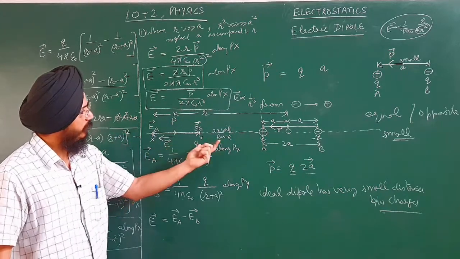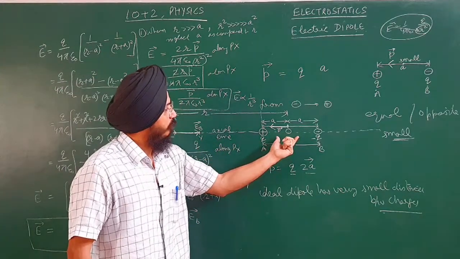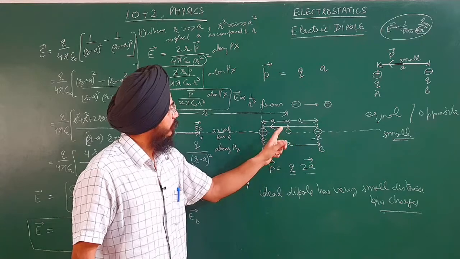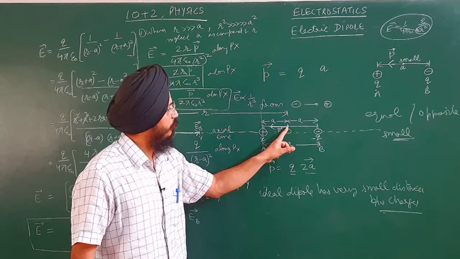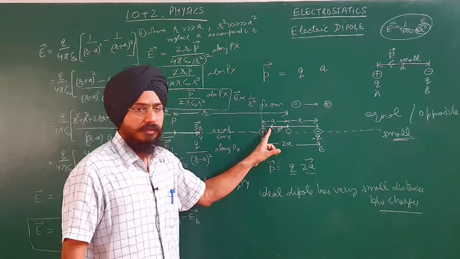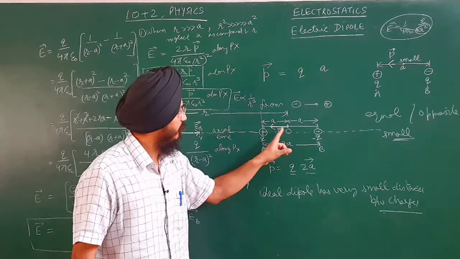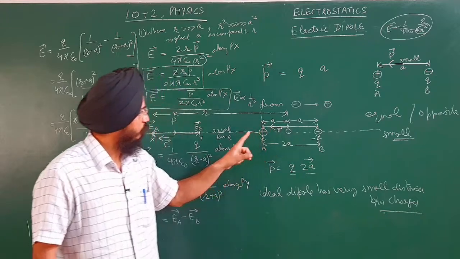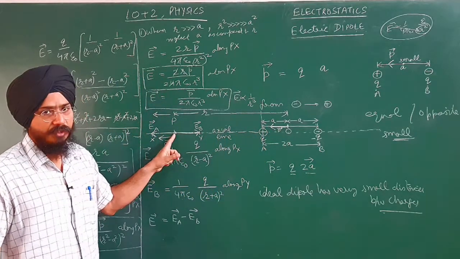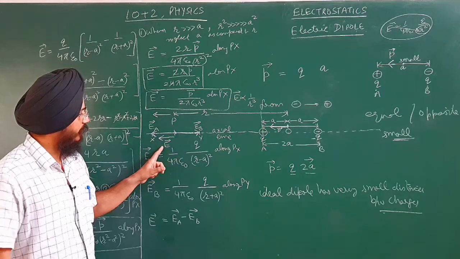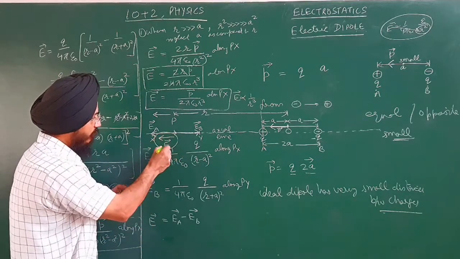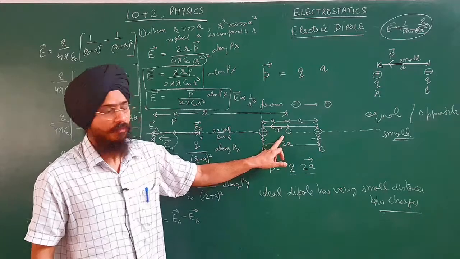Secondly, the direction of the dipole moment. If you see our dipole, the direction of dipole moment was from right side to left side, meaning from negative to positive. And when we calculated the electric field at point P on its axial line, the direction of the resultant electric field E is the same as that of our dipole moment.